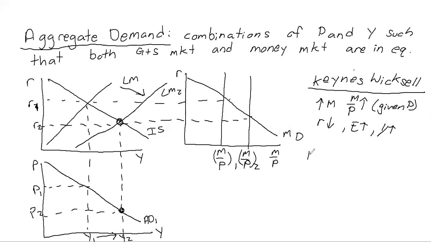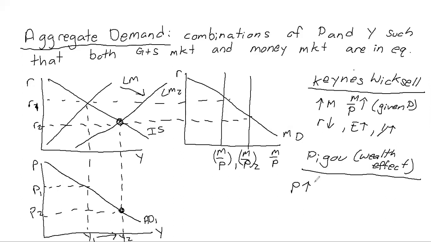We also can use the Pigou method, or it's also called the wealth effect. This is where we start with prices. So prices increase, and then M over P decreases, the real money supply decreases.